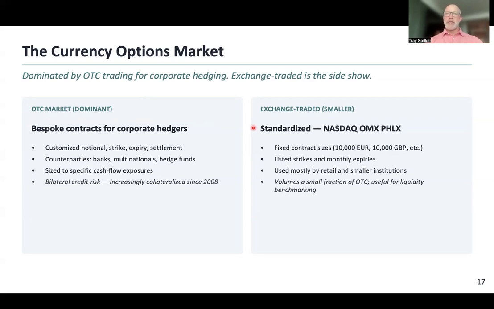But generally, the interbank over-the-counter market is big. Now, one thing to flag, of course, is that because the over-the-counter market is so large, there's a lot of bilateral credit risk. And so that's a real consideration in terms of corporate hedging programs engaging in these over-the-counter markets. Fortunately, in the post-2008 era, there's been much more collateralization than there used to be.